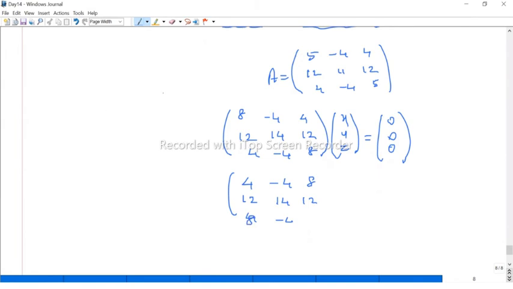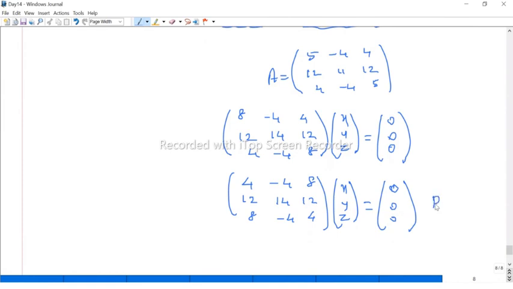We can interchange two rows because we are not finding any determinant. We just apply the elementary row operation, which says you can interchange any two rows. Anyway, on the right hand side we have only the 0, 0 column. If you interchange two rows, again we get 0, 0, so don't bother about the right hand side.